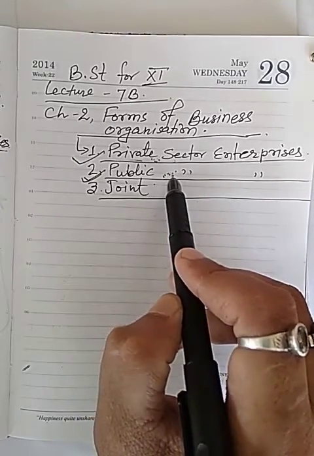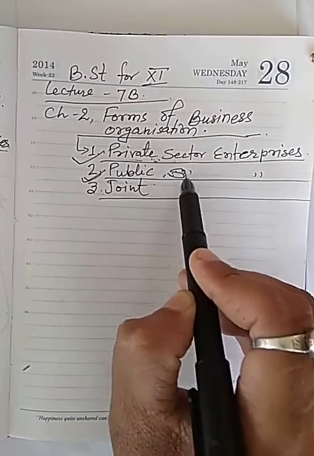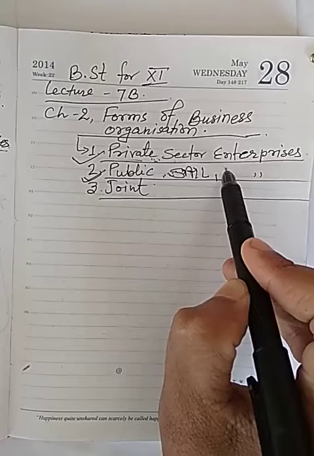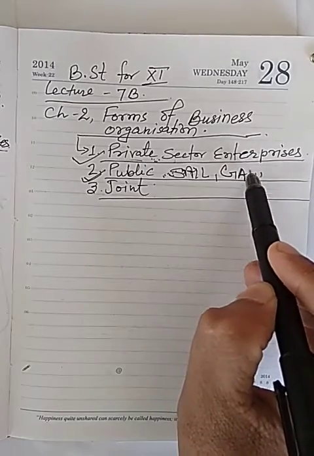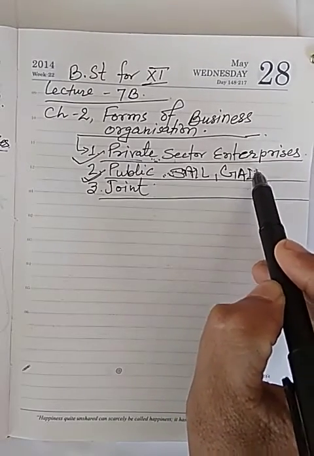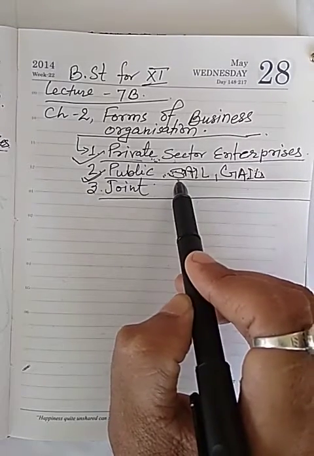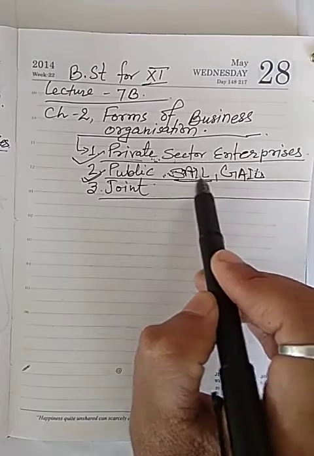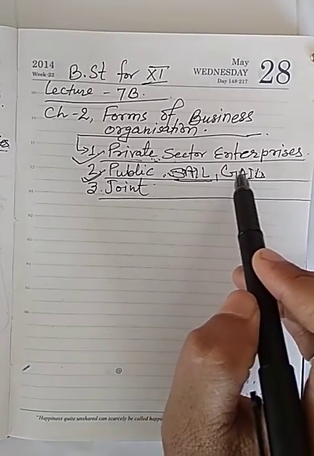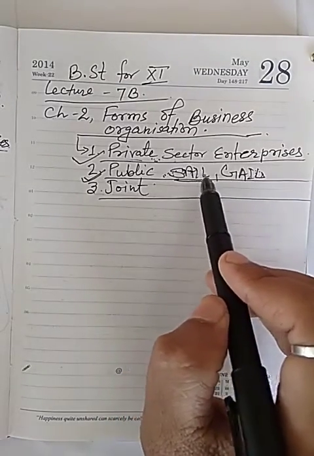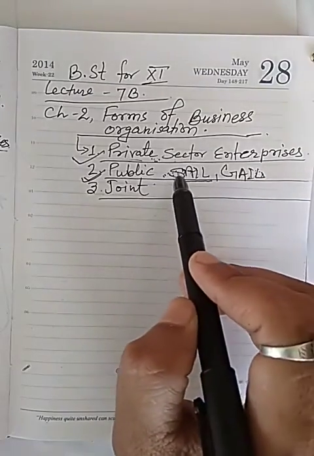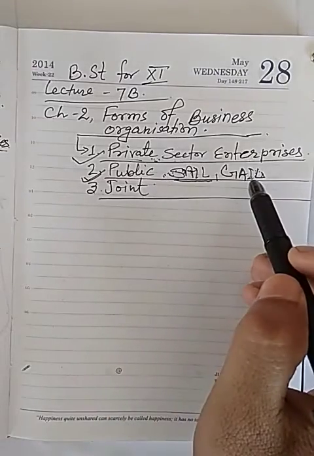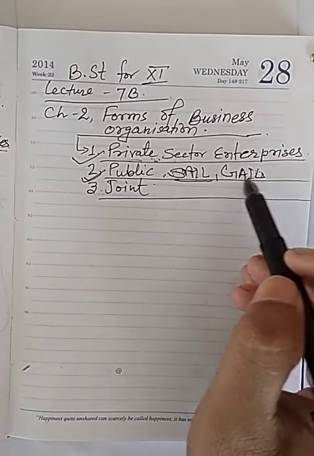For example, GAIL, Gas Authority of India Limited, Steel Authority of India Limited, SAIL, LIC, etc. are examples of public sector enterprises.